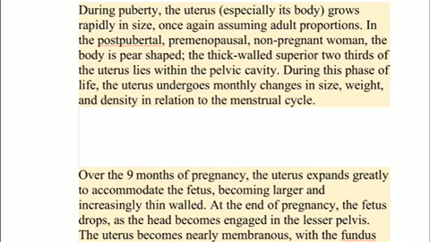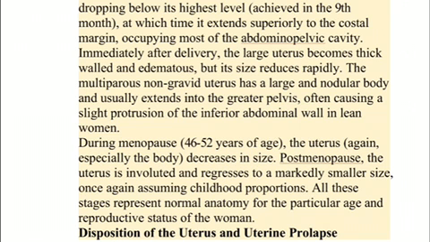When you look at the multiparous non-gravid uterus, that's a woman that has had several children but is currently not pregnant, it is a uterus that has a large and nodular body, and such a uterus extends into the greater pelvis, and it causes a slight protrusion of the inferior abdominal wall, especially in lean women. So when you see such a woman, you know she's a multiparous woman.